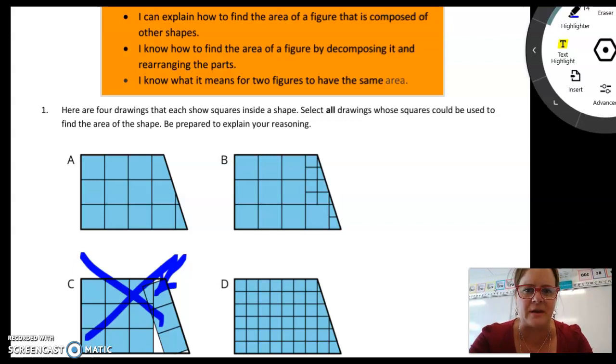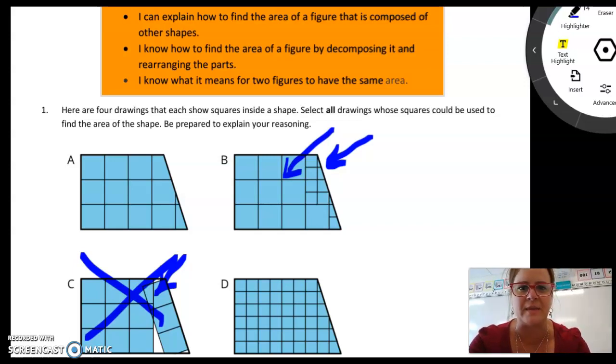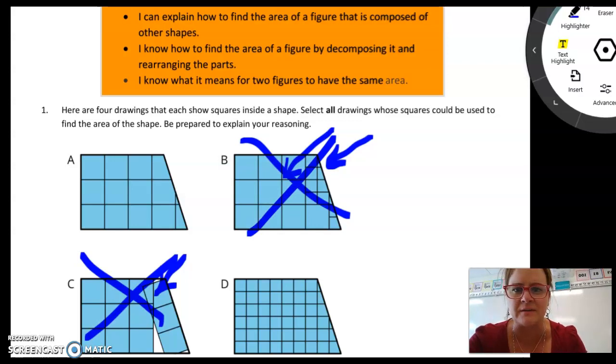B is also a definite out because do you notice how this smaller unit and this larger unit are being used at the same time? We can't find a consistent measurement of area if we're doing that. We can do that with A, though, because we're using the same size square and we're not overlapping anything and we're filling up the entire shape.